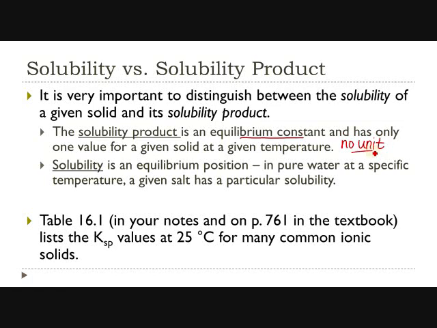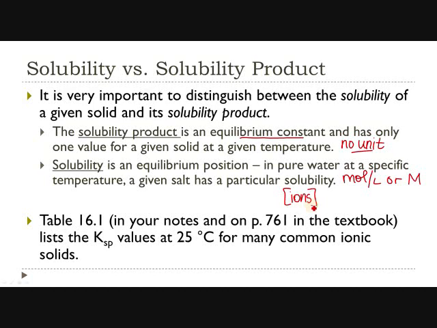Now, solubility is an equilibrium position. In pure water, at a specific temperature, a given salt has a particular solubility. The solubility will have a unit of moles per liter, or molarity, and that would be the concentration of the ions.